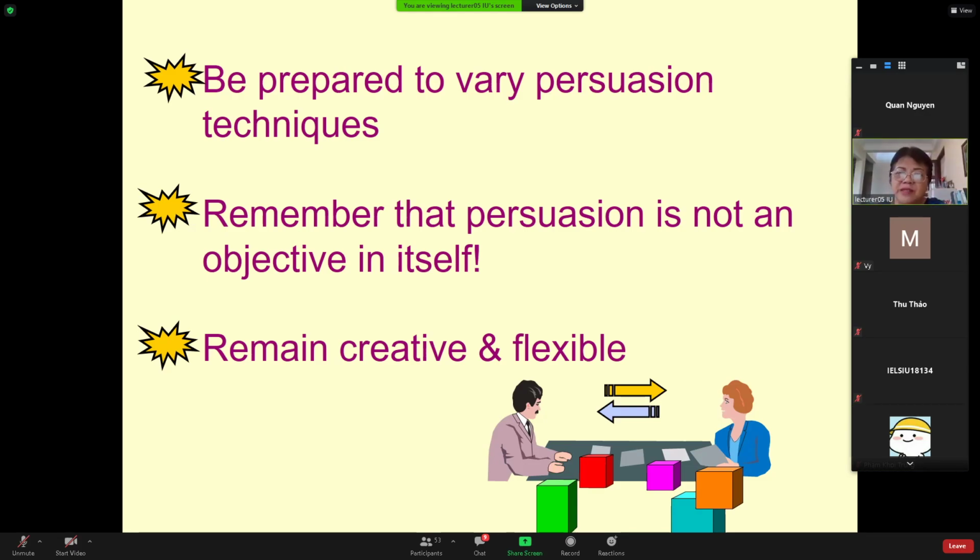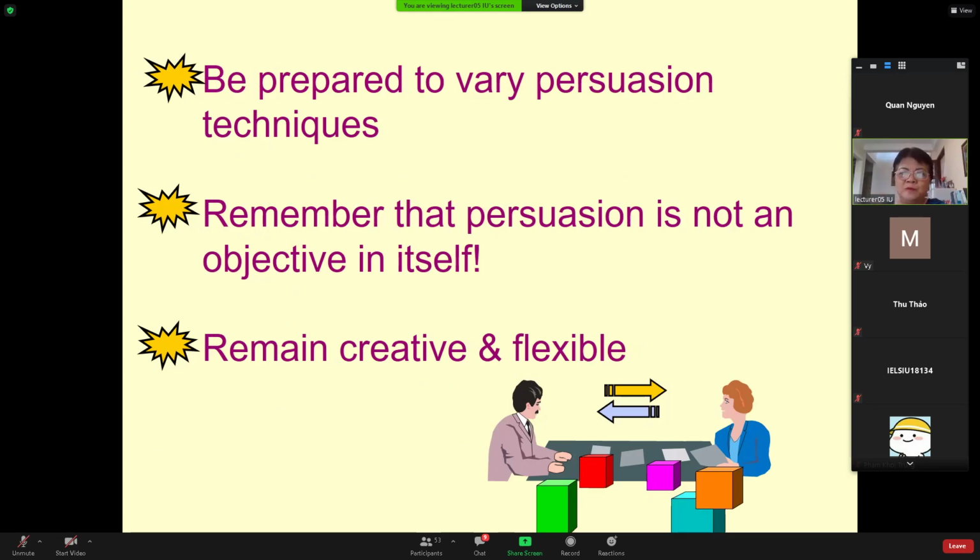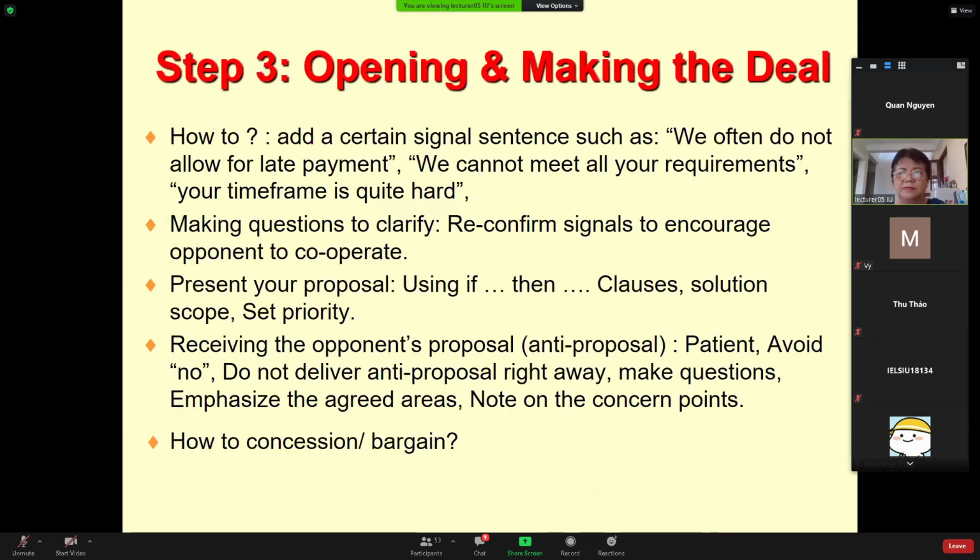Any questions so far for persuasion technique? If not, then we go to step 3.